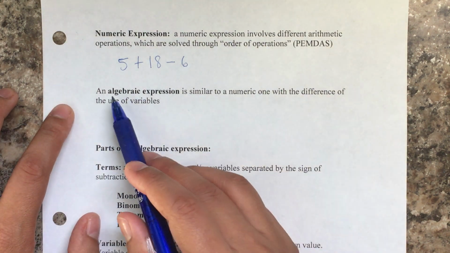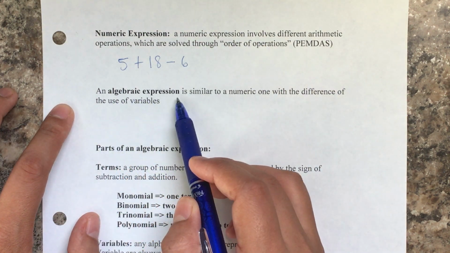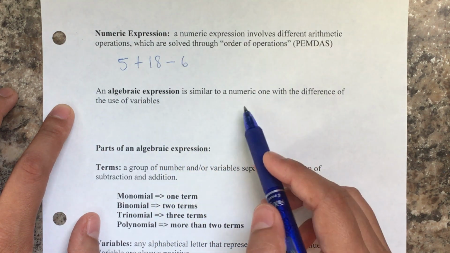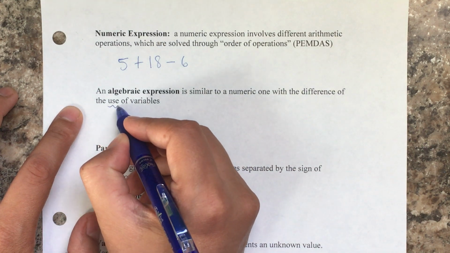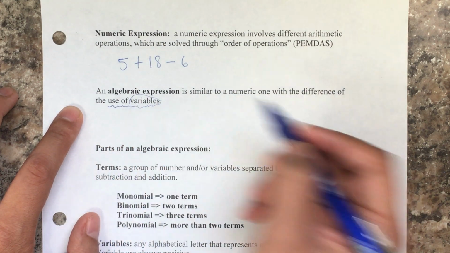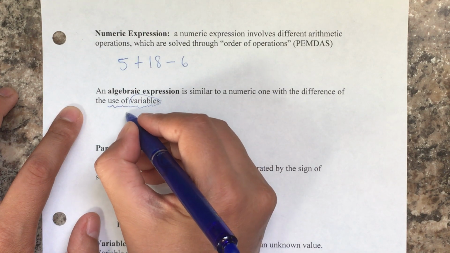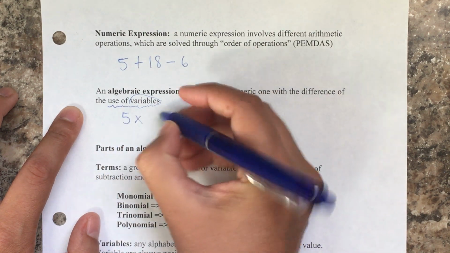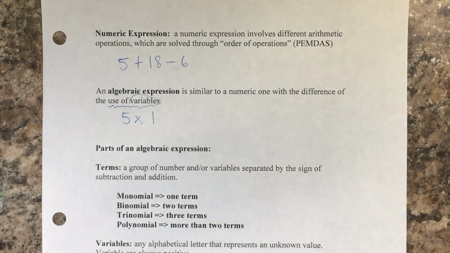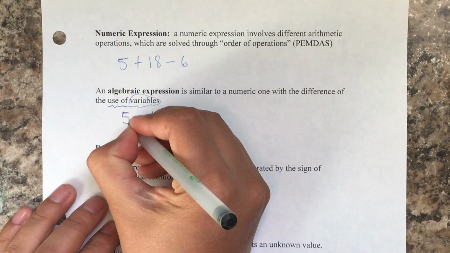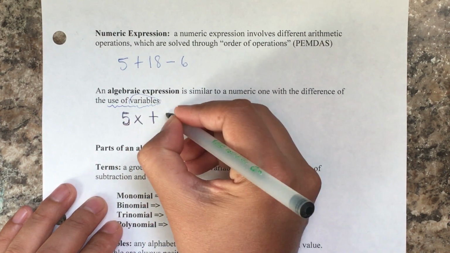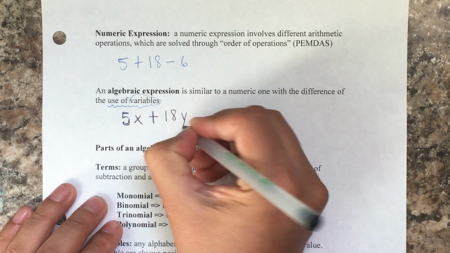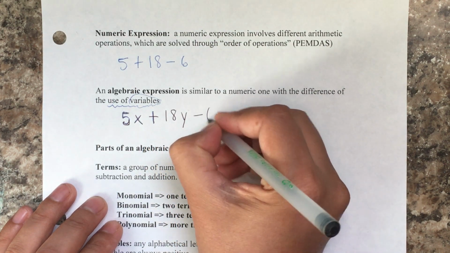Okay. An algebraic expression is similar to a numeric one, with the only difference that this uses variables. And it will look something like 5x plus 18y minus 6.